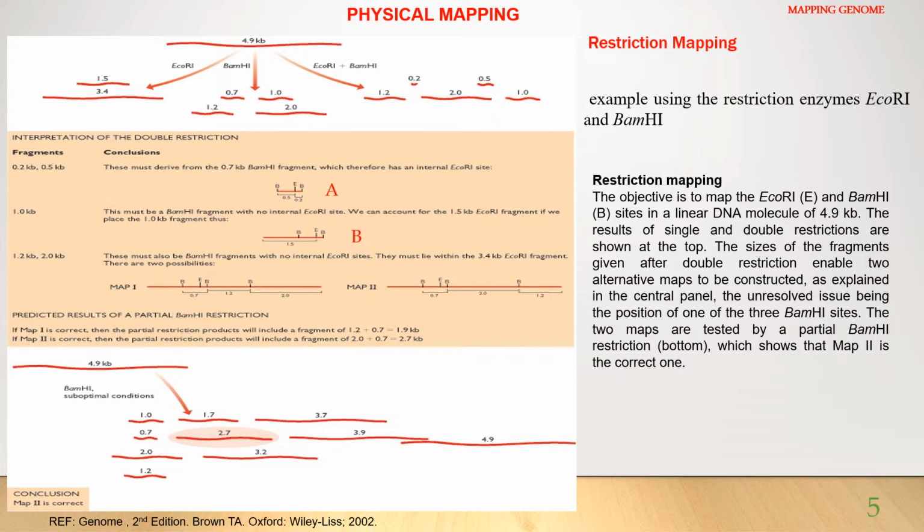Next, let us consider the 1 kb fragment in BamH1. It can be concluded that in this fragment there is no EcoR1 site, as seen in the combination or double restriction result.